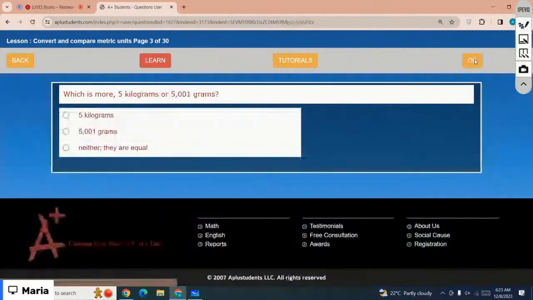Okay, which is more, 5 kilograms or 5001 grams? Which is more? 1 kilogram equals 1000 grams, right? So 5 kilograms equals 5000 grams.